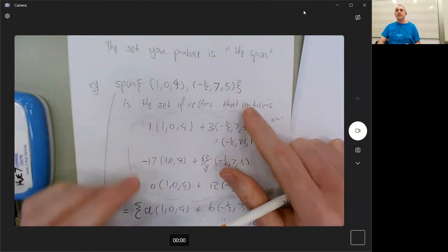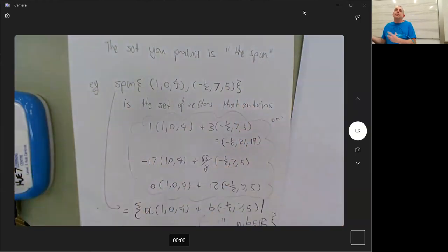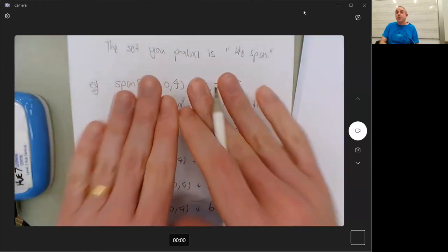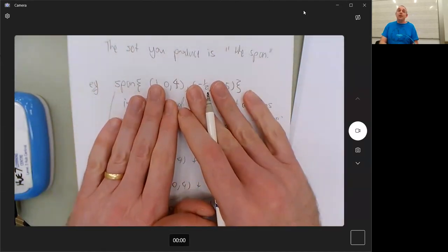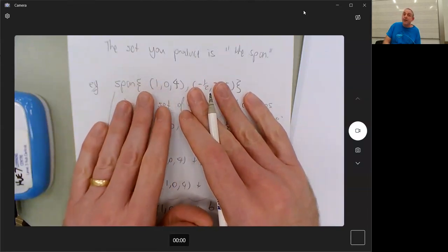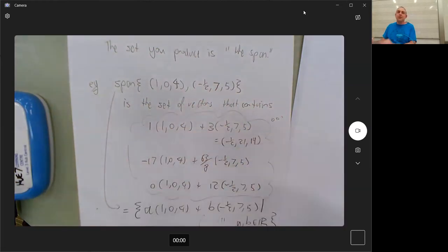It's a plane that is inside R3, but it isn't R3. And all of the points in this plane have three coordinates because they're points in three-dimensional space, and I need three coordinates to tell you where they are, but they are points in R3.